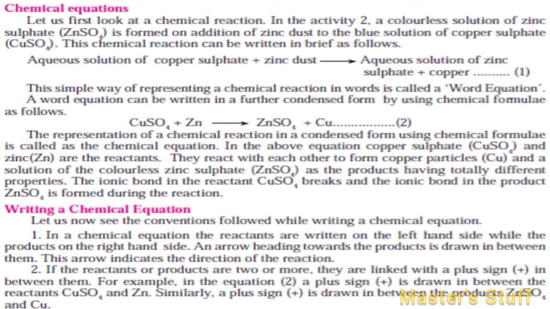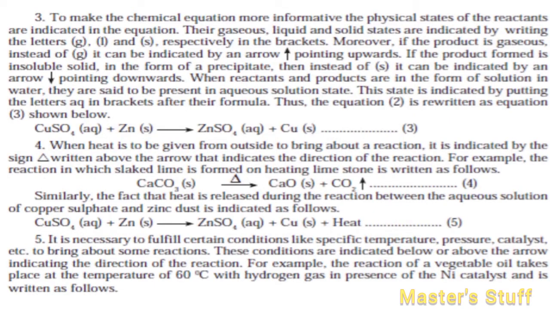Third point, to make the chemical equation more informative, the physical states of the reactants are indicated in the equation. Their gaseous, liquid and solid states are indicated by writing the letters G, L and S respectively in brackets.